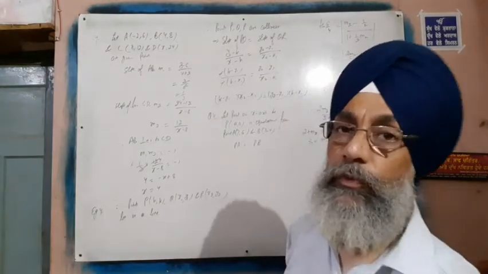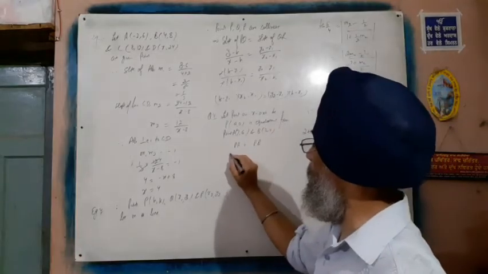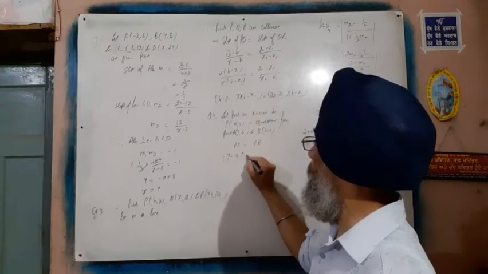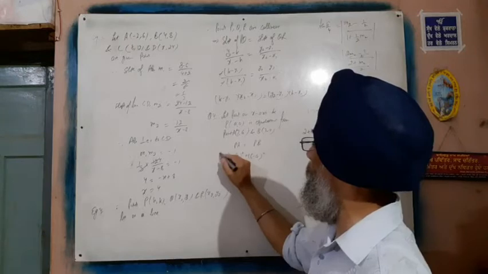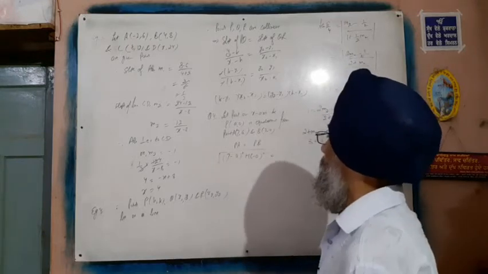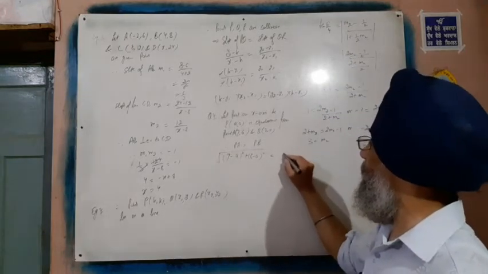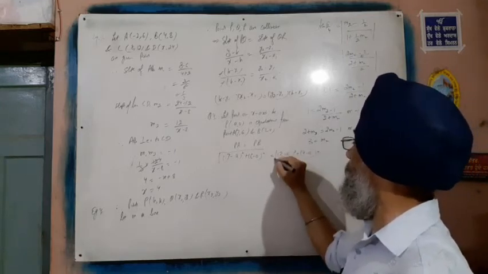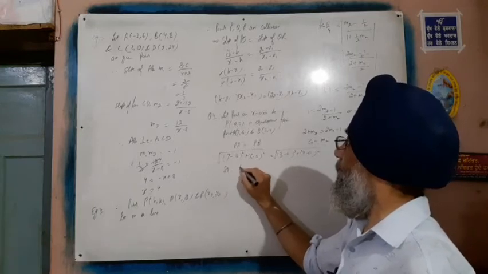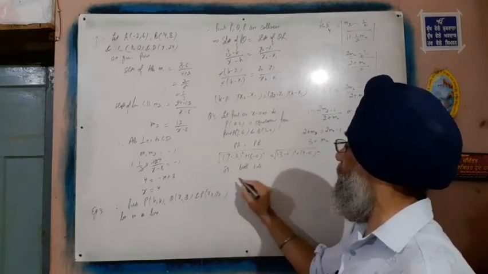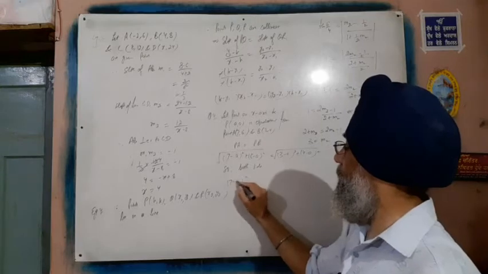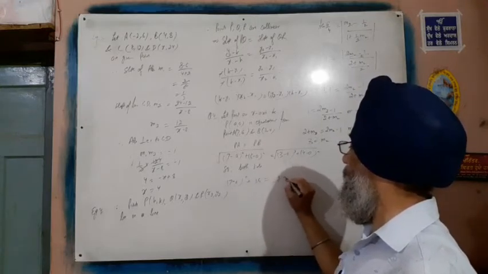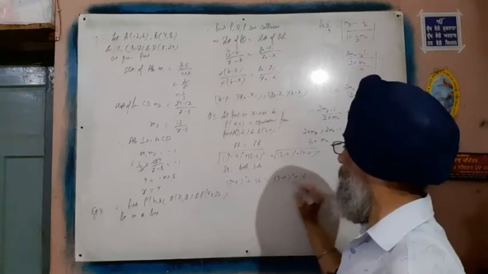So applying the distance formula here, square root of (7 minus a) whole square plus (6 minus 0) whole square, equals square root of (3 minus a) whole square plus (4 minus 0) whole square. Squaring both sides, it is (7 minus a) whole square plus 36 equals (3 minus a) whole square plus 16.